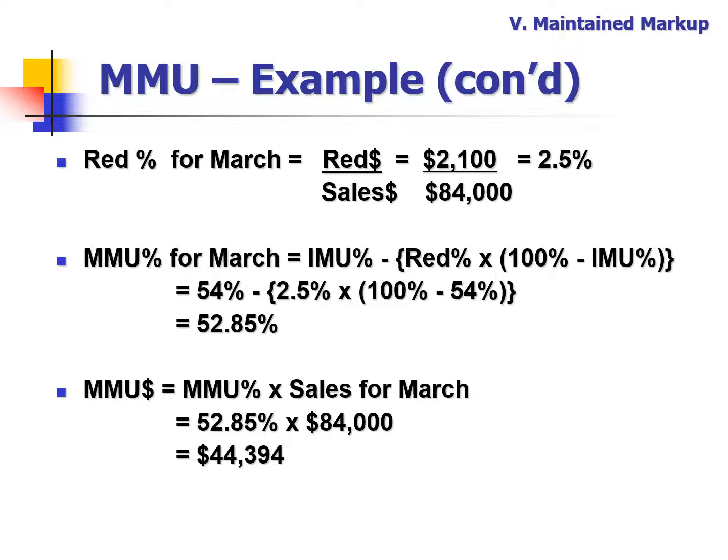So that's 54% minus 2.5% times 100% minus 54%. To work on this calculation, we first have to do the parenthesized part first, right? So that's 100% minus 54%, that's 46%, times 2.5%, and then subtract that answer from 54%.